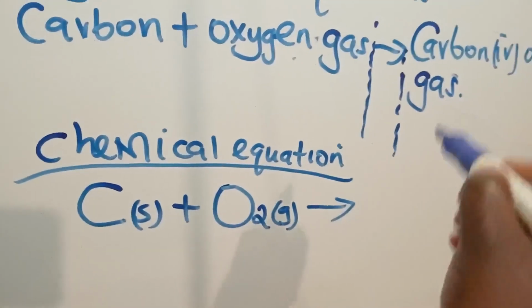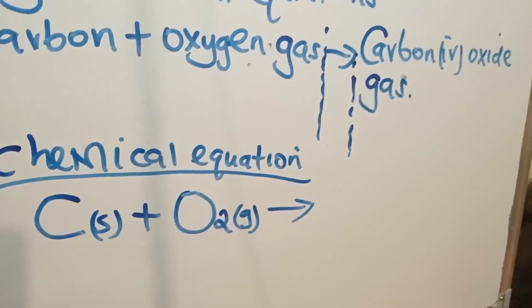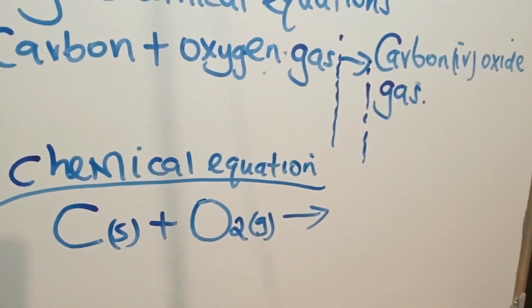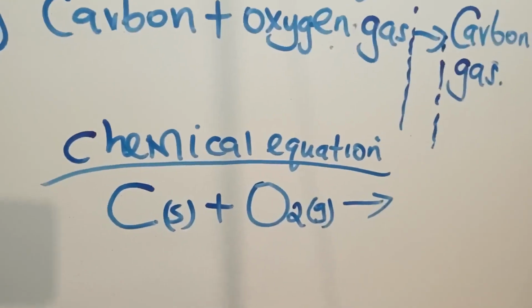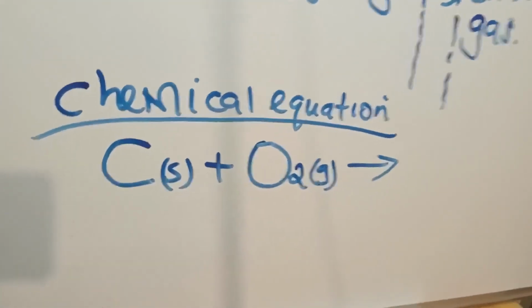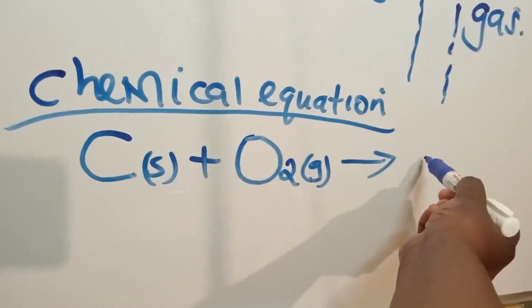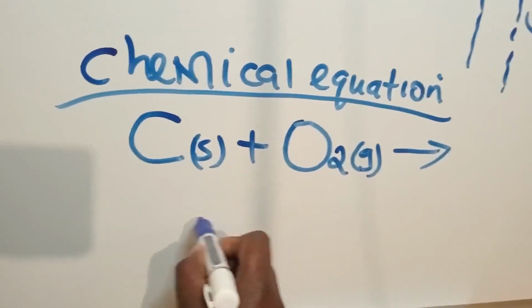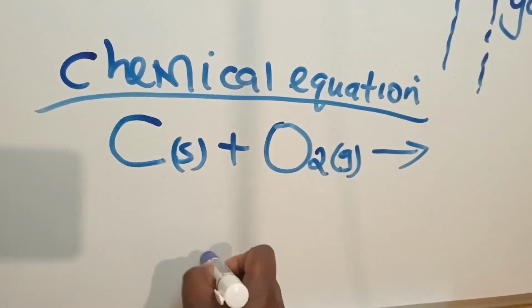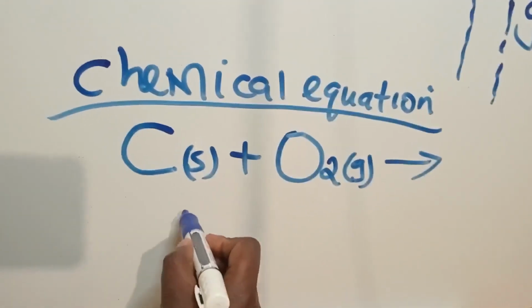So now the formula for carbon 4 oxide gas, that is where the knowledge of the valency is coming in. So let us together form carbon 4 oxide gas before we write it at this point. So down here, that is where we are trying to write the formula for carbon 4 oxide gas.